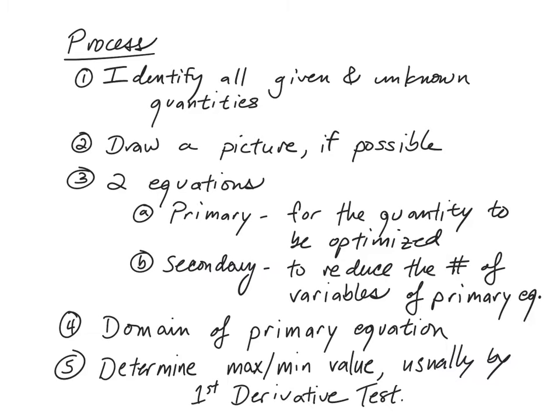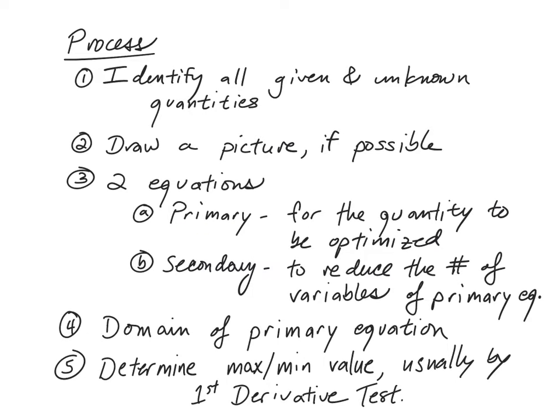The secondary equation will be used to reduce the number of variables of the primary equation. So we will have an equation that we're trying to optimize, aka find the minimum of this or the maximum of that. And we will have a secondary equation that we will generally solve for a variable and use that unknown expression to substitute into the primary equation.